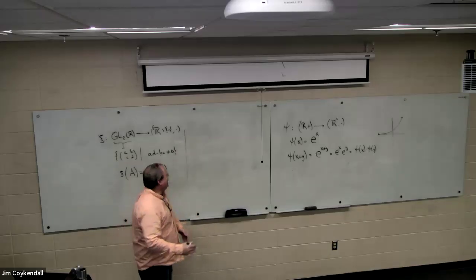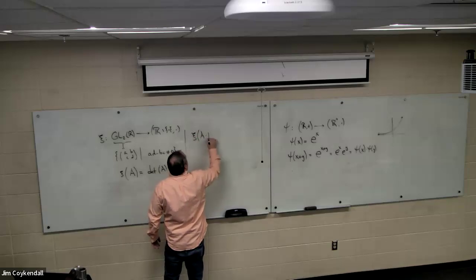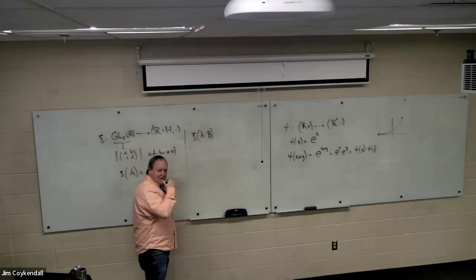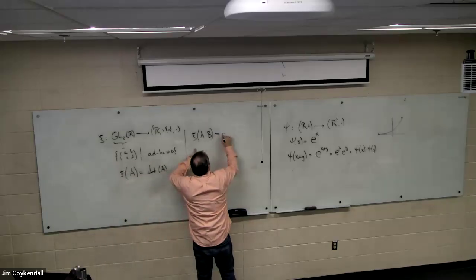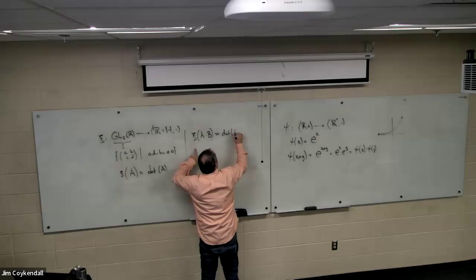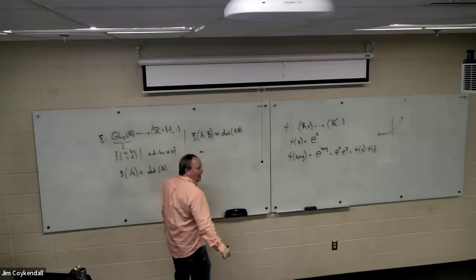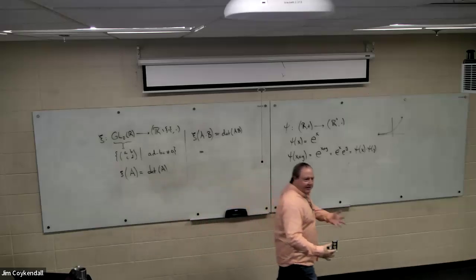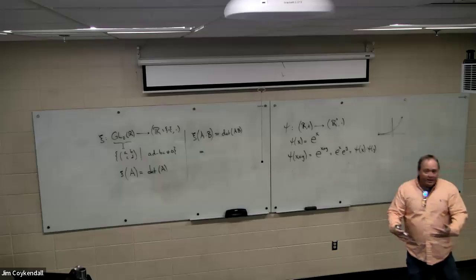Let's show that this respects the operation. This will depend on a little linear algebra. If you have 2 matrices, A and B, both invertible, this becomes the determinant of AB. And what do I know from linear algebra about the determinant of AB? Determinant of A times the determinant of B, right?